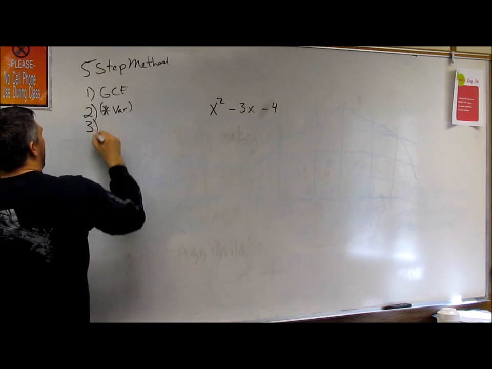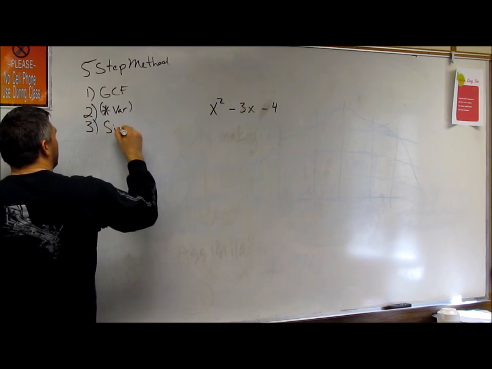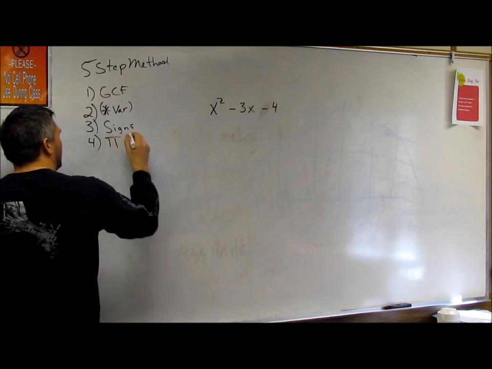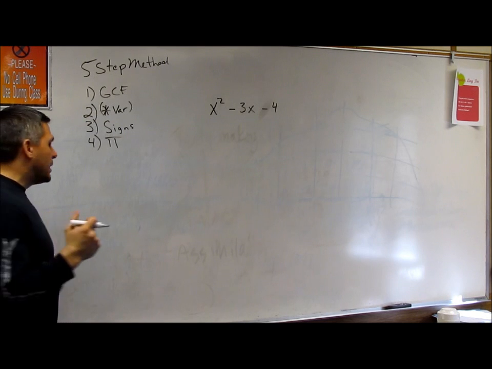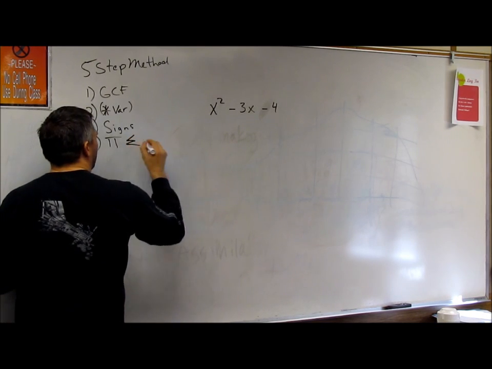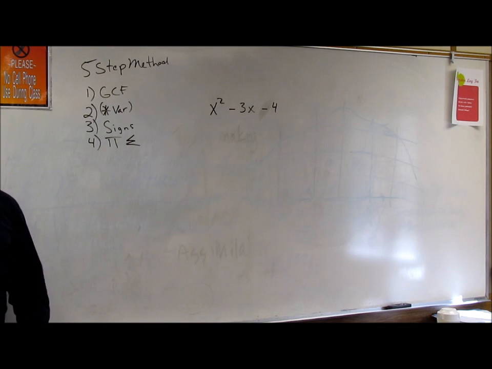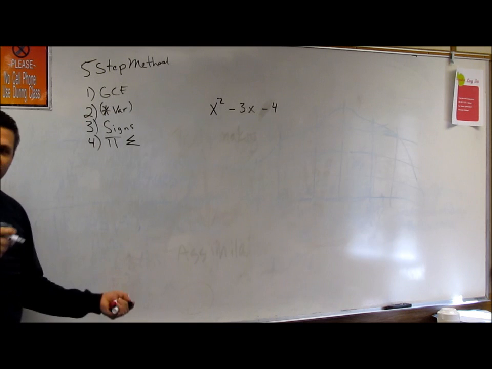The third step is going to be signs. And the fourth step is what we call product, or it's a big pi, which is a Greek letter, and sum, which is the Greek letter sigma, and we use sum for summations later on in statistics and calculus, and we use pi, the big pi, for productation, which is used in statistics and calculus.